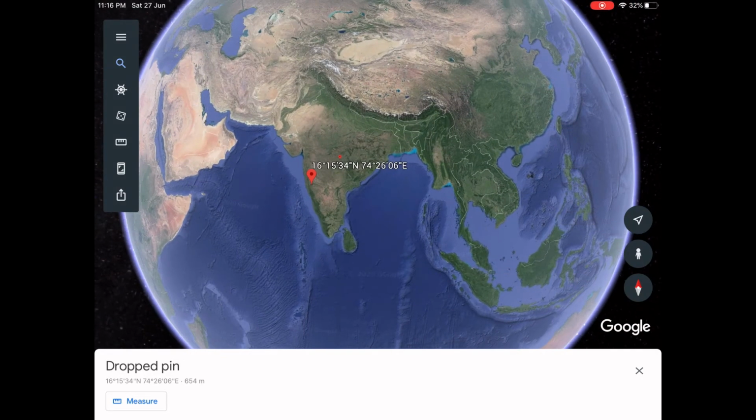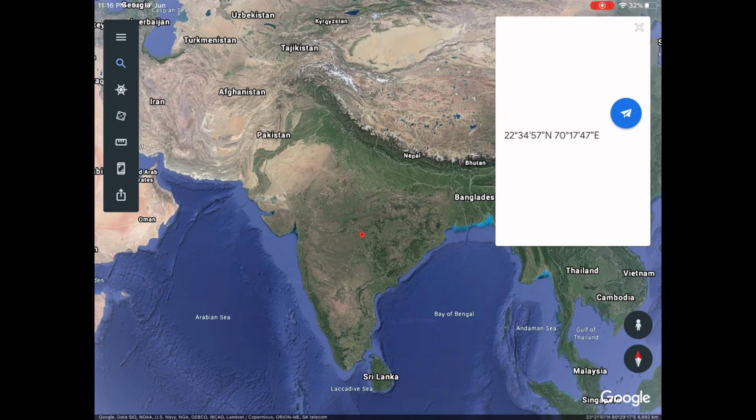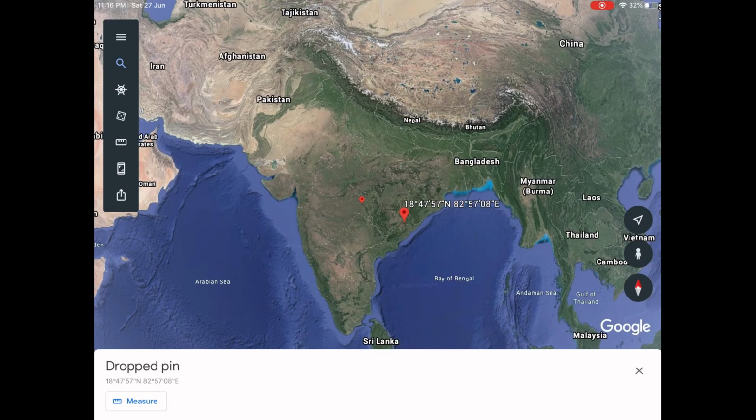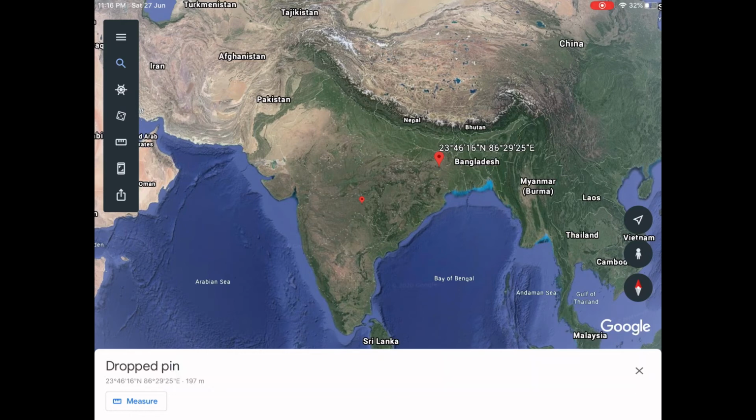Now India's latitude and longitude, I hope you have cleared with this, and also about the extent. Now as we drop pins, we will get different location extents. Okay, like this. So where we drop a pin, we will get the idea of at which point it is located.